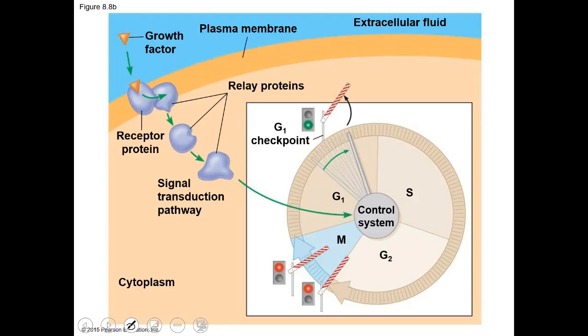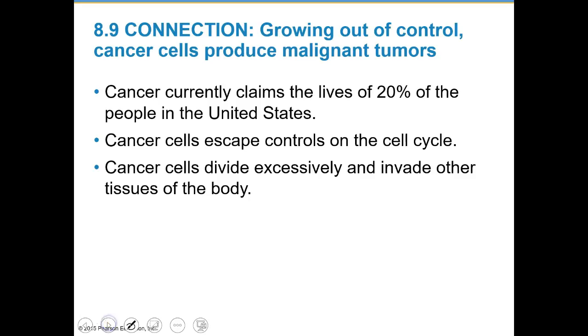And there are growth factors involved in this whole thing. Growth factors, as we mentioned in the beginning, will chemically signal for this thing to move past that checkpoint and out of the G0 phase.